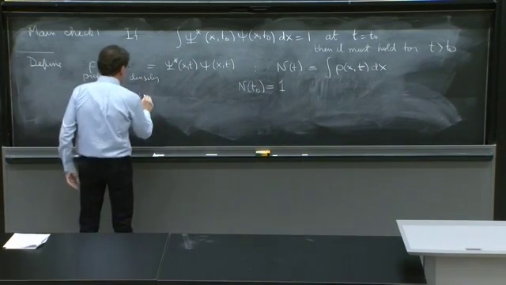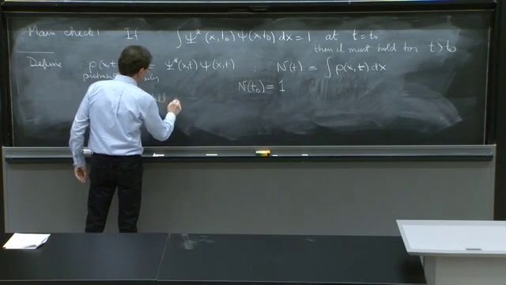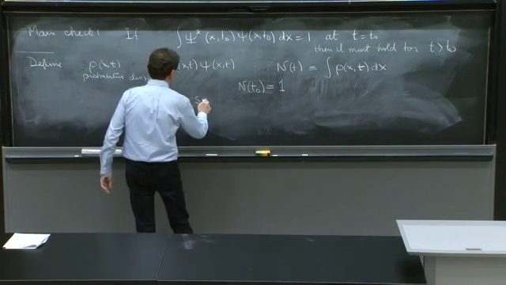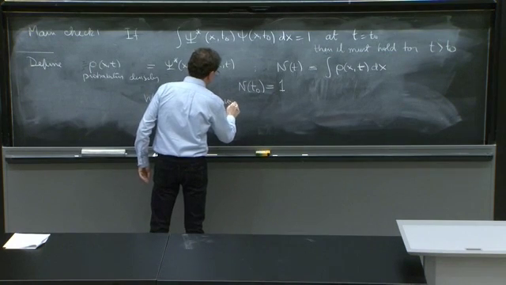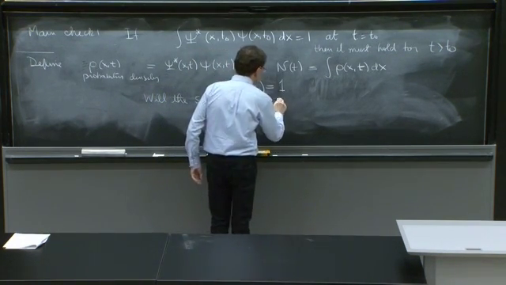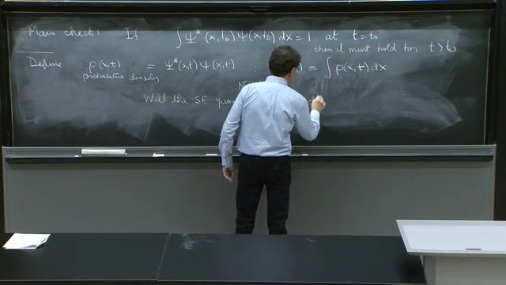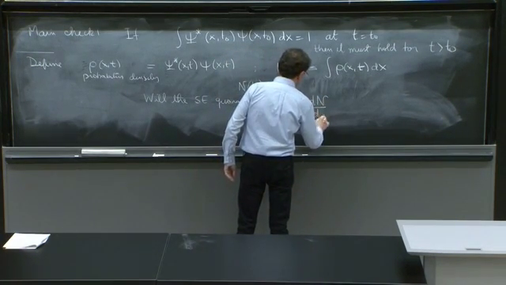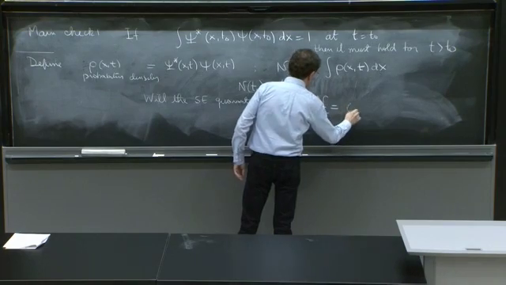The question is, will the Schrödinger equation guarantee that, and here's the claim, dN/dt is equal to 0.